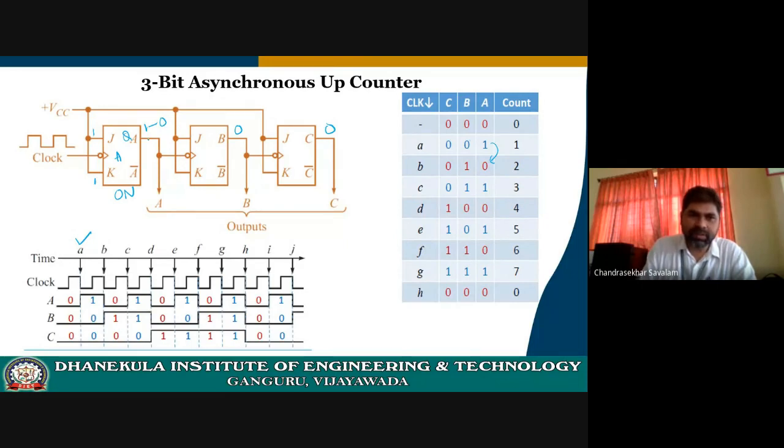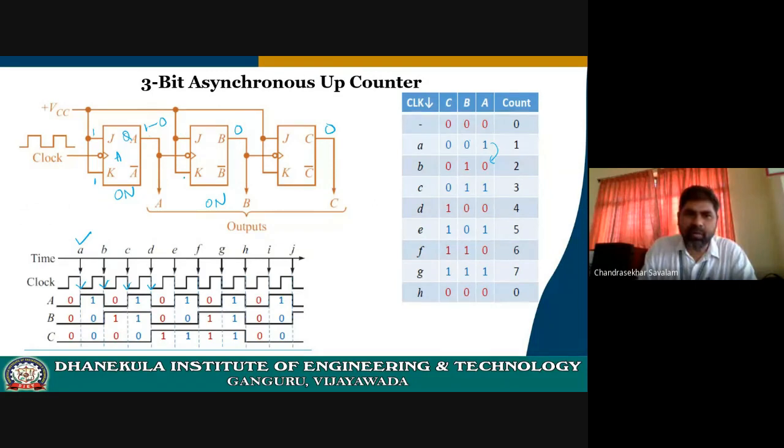Because of this 1 to 0, this is the actual clock transition. Now the B flip-flop is on, because 1 to 0 is the clock negative edge trigger. All the negative edge triggers are actual clocks.